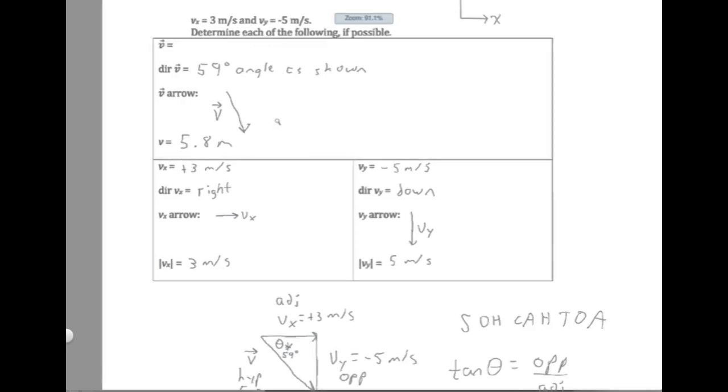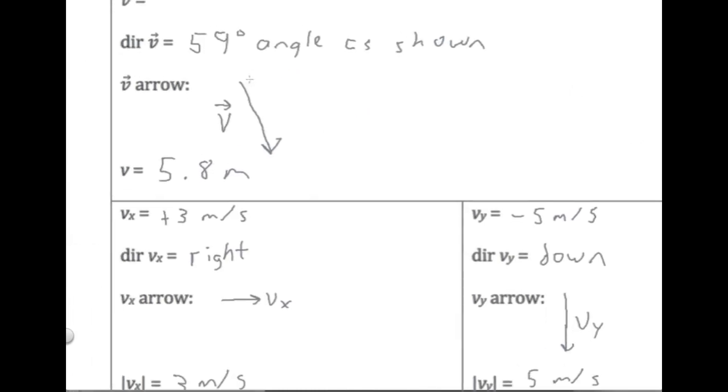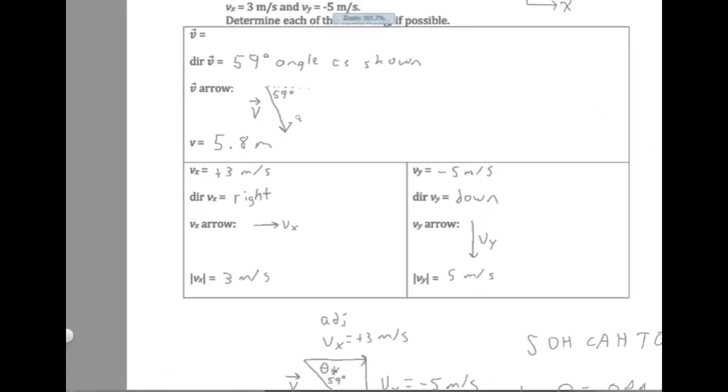And again, this is meaningless unless you include a picture that shows where the angle is. Is this an angle with the horizontal, with the vertical? Is it to the left of, below the horizontal, above the horizontal? You need to draw a picture to show where that 59-degree angle is. And now the reader knows exactly what you mean by the direction of this.